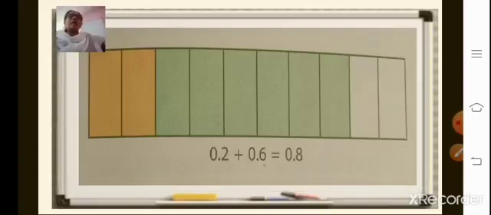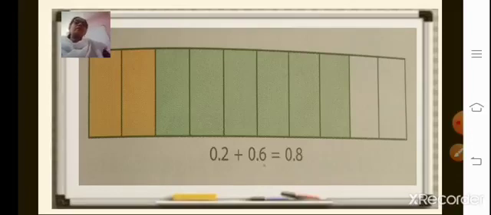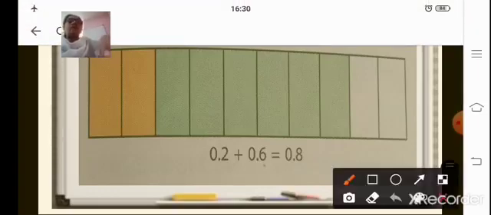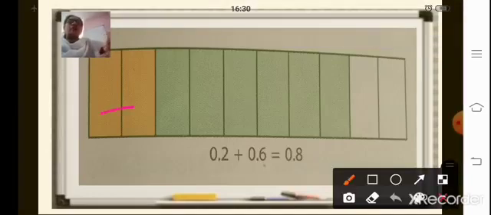So let us start with the first figure here. This rectangle is divided into 10 equal parts. Okay, and out of these 10 equal parts, 2 parts are colored in orange and 6 parts are colored in green.